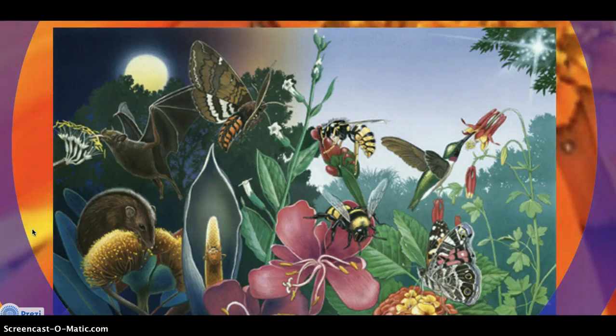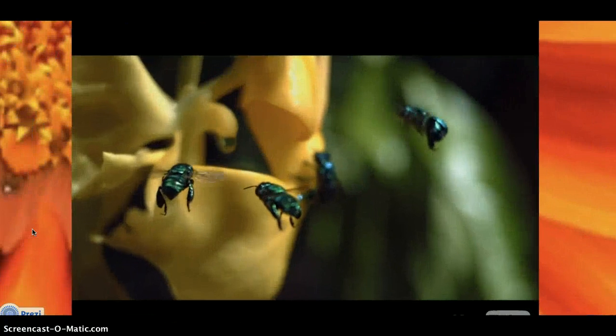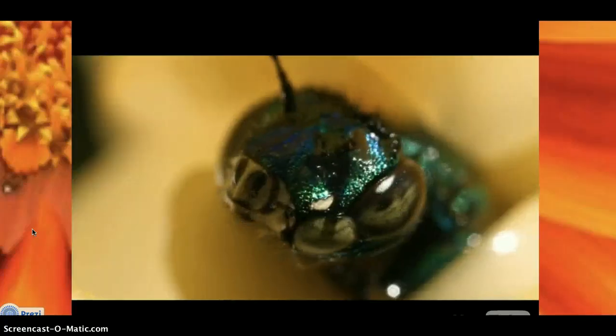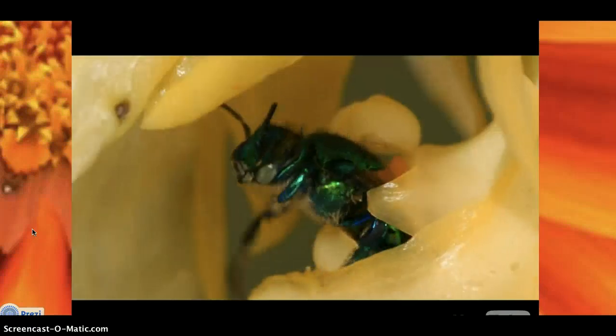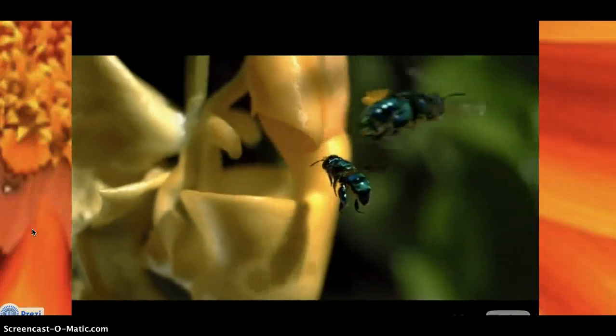So let's see what pollination looks like in action. See all that pollen flying around?